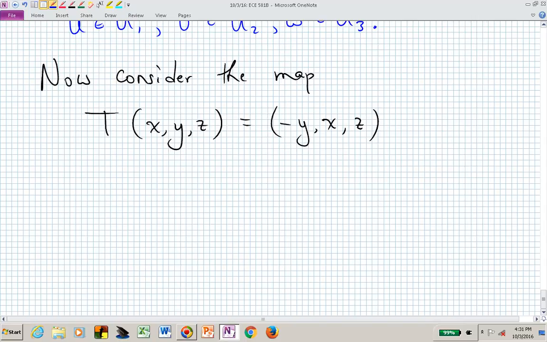What happens to, let's say, the vertical direction, the z coordinate, through this linear map? It stays fixed, doesn't it? What happens to the x coordinate? It gets mapped to the y-axis, and what happens to the y-coordinate?